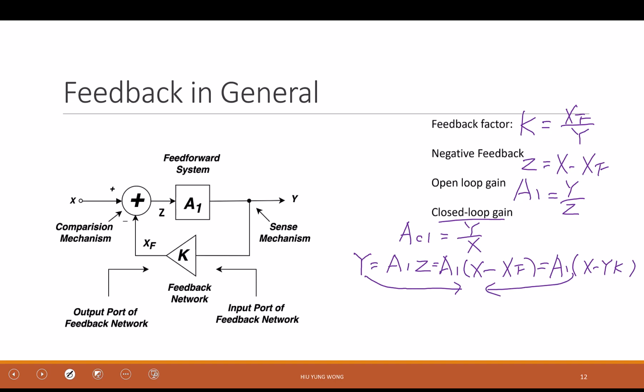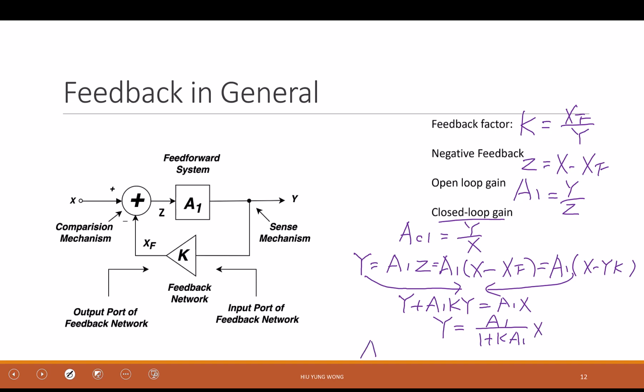So because of this, I'm going to rearrange it. Y plus A1KY equals A1X. A1X and then A1KY, I move to the left. Then it becomes Y plus A1KY. So Y equals A1 divided by 1 plus KA1 times X. Okay?